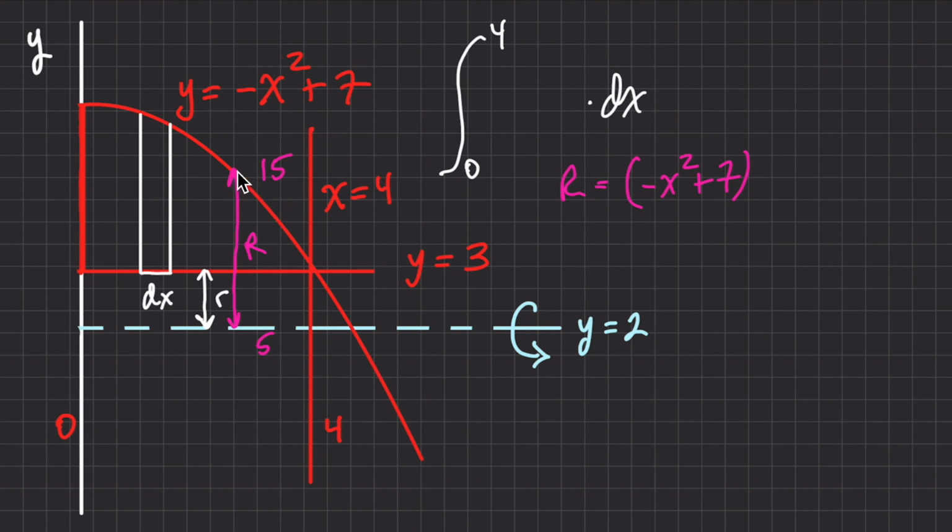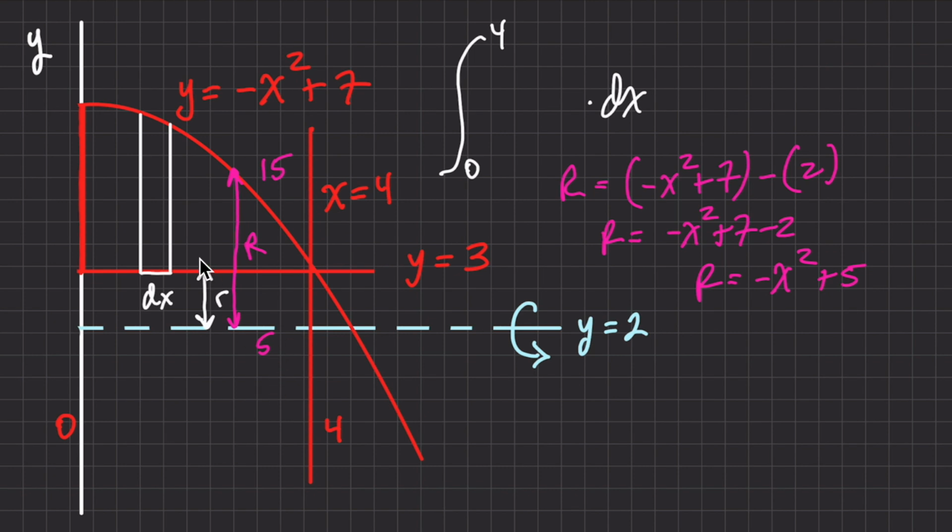Okay, so here's the older girl. The older girl is this expression. So from that, we're going to subtract the younger girl. The younger girl is here, y equals 2. When we simplify that expression, we're going to get R equals negative x squared plus 7 minus 2. R equals negative x squared plus 5.